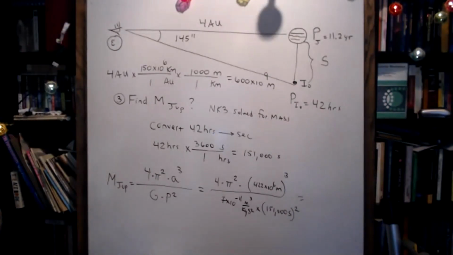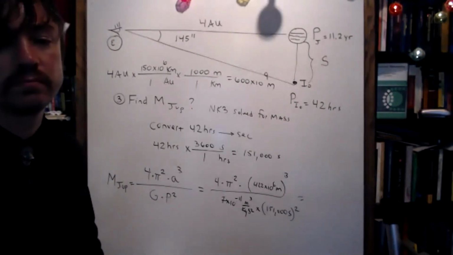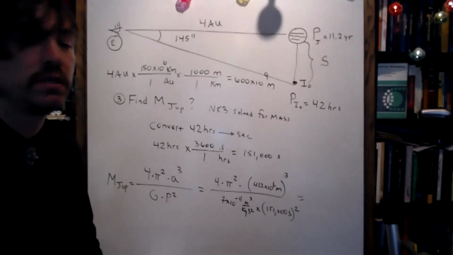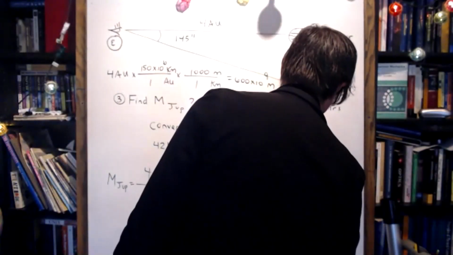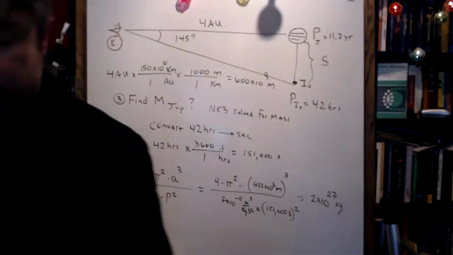What do you get? I'm guessing you're going to get close to 2 times 10 to the 27 kilograms. That's the mass of Jupiter, so that's what I would expect you to get.